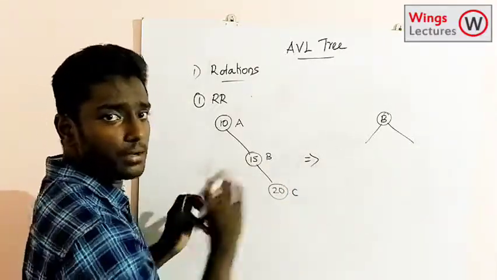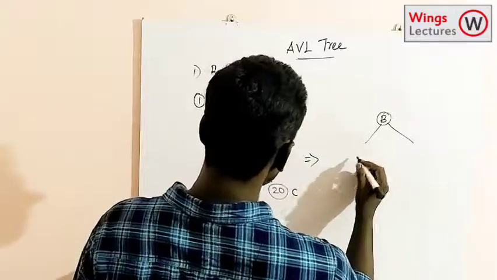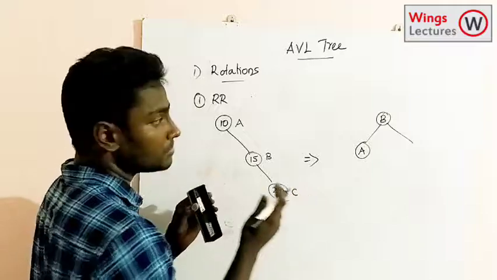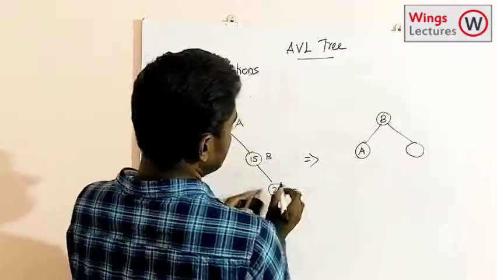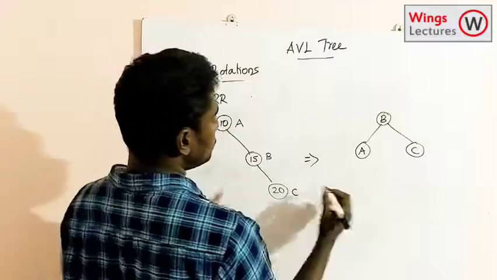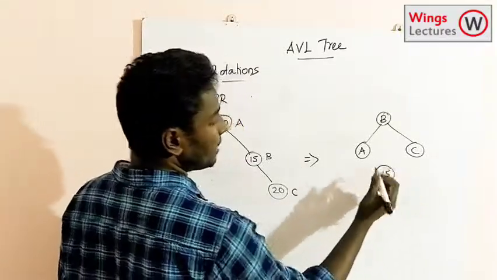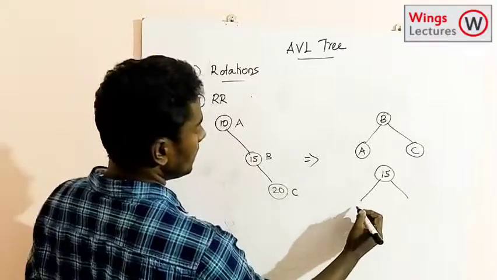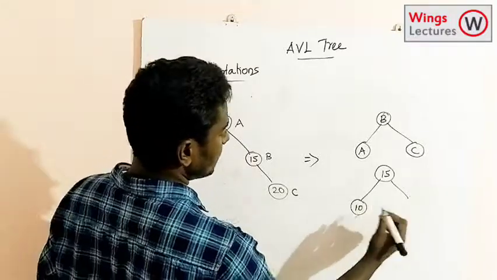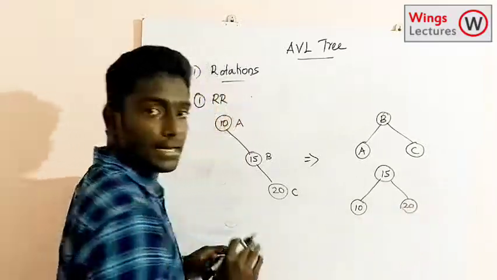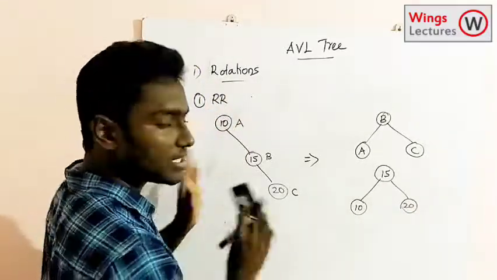A will become the left subtree and C will become the right subtree. By applying this rule, 15 will become the root node, A which is 10 will become the left subtree and 20 will become the right subtree. So that's the logic.